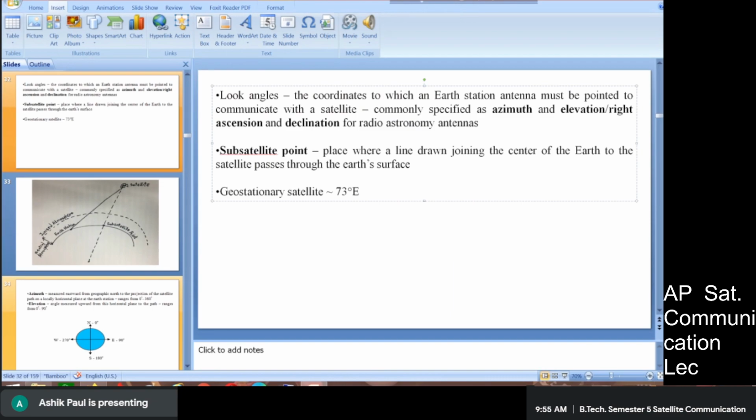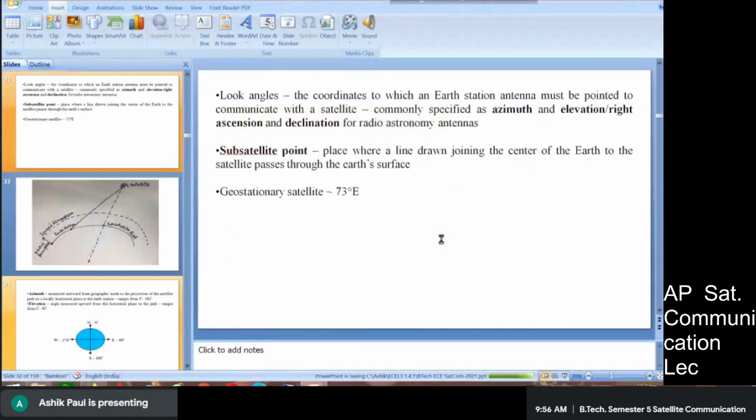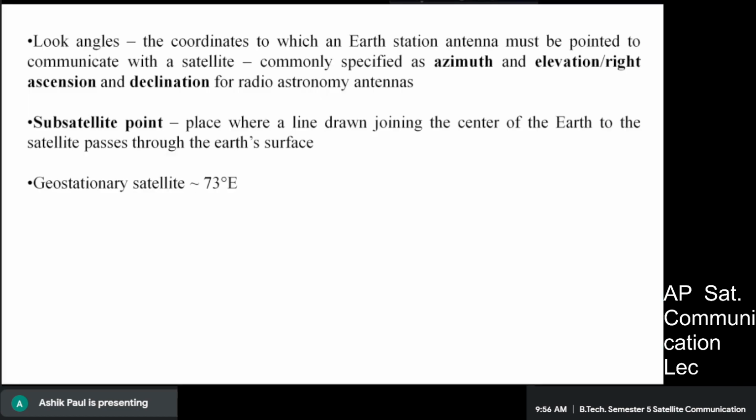degrees east. Somebody tells you that I want to track the signal from a geostationary satellite, and I know that its subsatellite point is 73 degrees east.